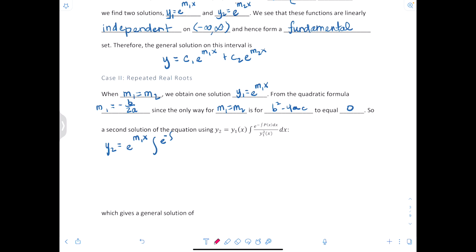Well, if m1 is equal to negative b over 2a, right, then 2m1 would equal negative b over a, and negative 2m1 would equal b over a. So that is what we put in for p of x.